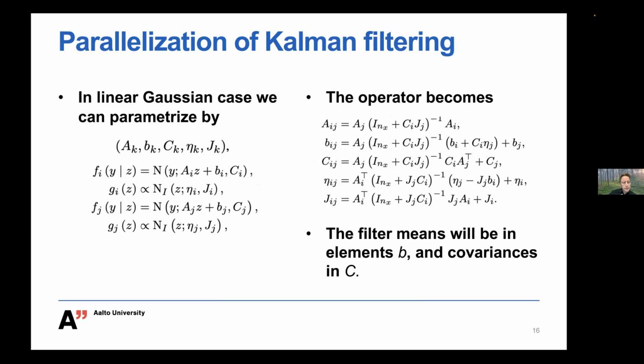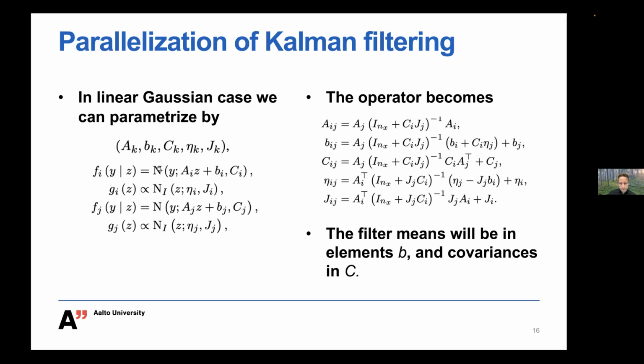For concreteness, what these look like is that the element will contain matrices. So there are 3 matrices and 2 vectors: A, b, C, eta, J. What they define is that they parameterize these distributions f and g, so that they are like a linear model for the mean, and then the covariance, and then the information Gaussian density parameters for g.